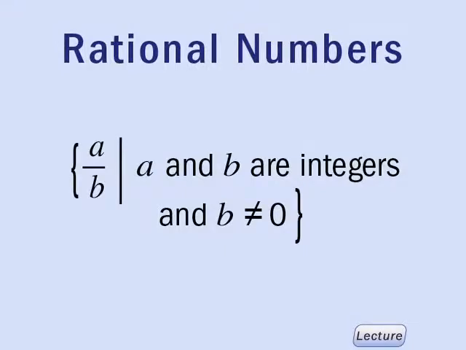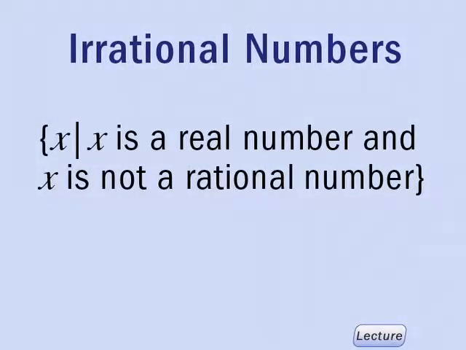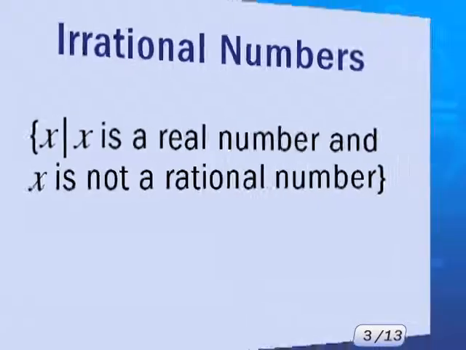Rational numbers, the set of all numbers of the form a over b such that a and b are integers and b is not equal to 0. And then irrational numbers, the set of all numbers x such that x is a real number and x is not a rational number.